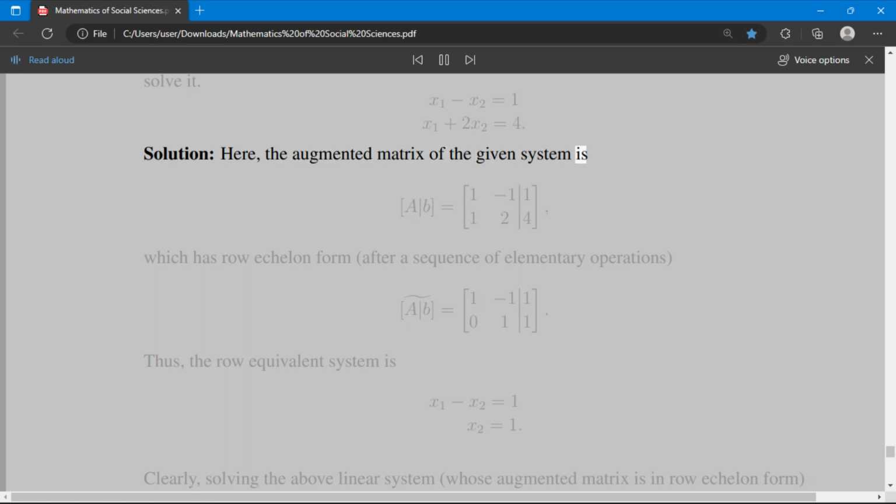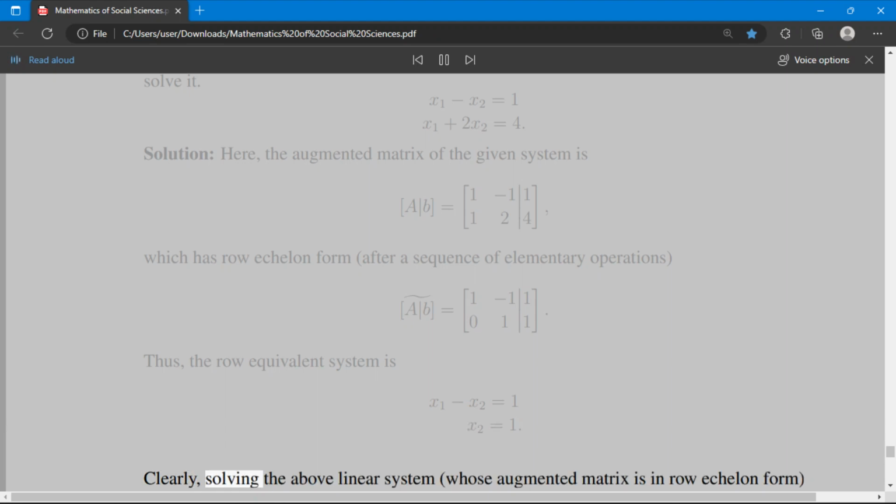Here, the augmented matrix of the given system is AB equals [1 1 | 1; 1 2 | 4], which has row echelon form, after a sequence of elementary operations, GAB equals [1 1 | 1; 0 1 | 1]. Thus, the row equivalent system is x1 + x2 equals 1, x2 equals 1.